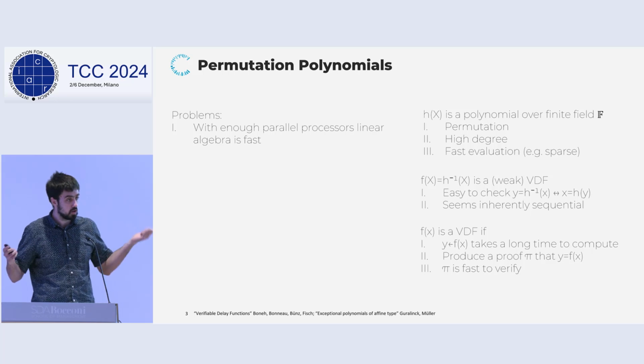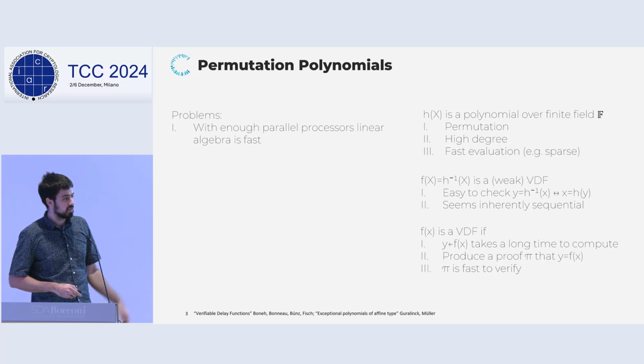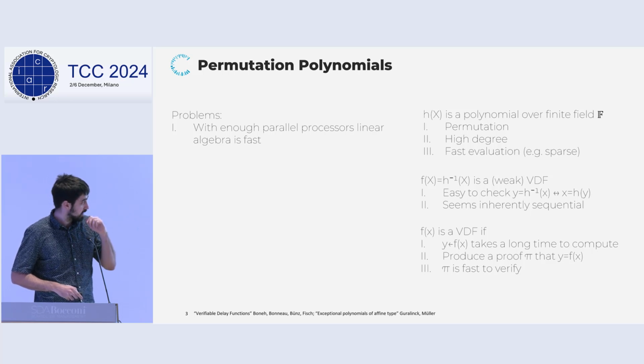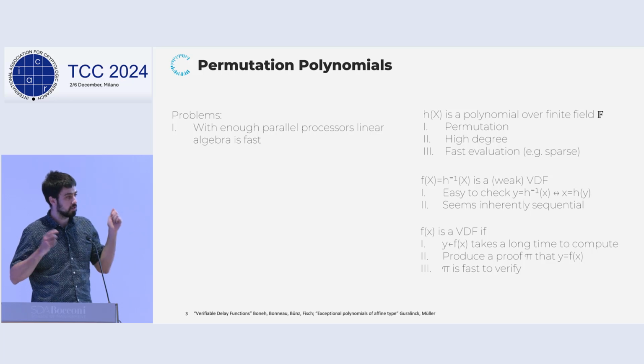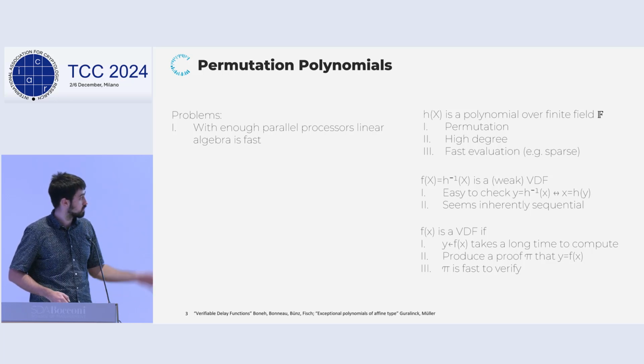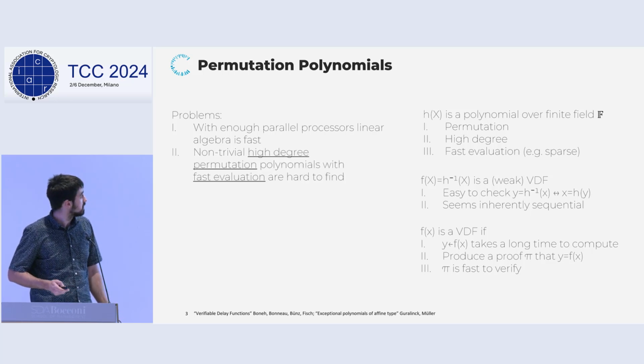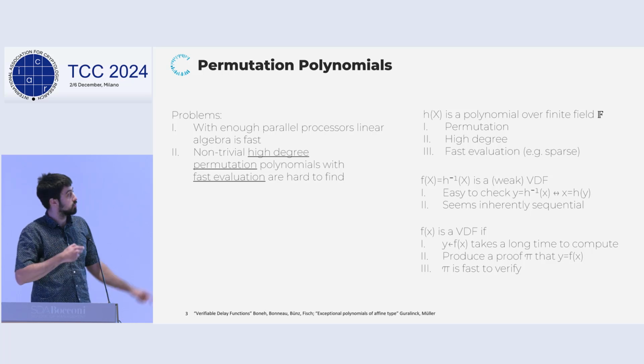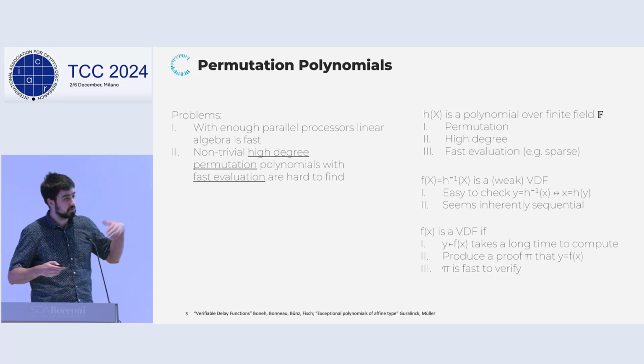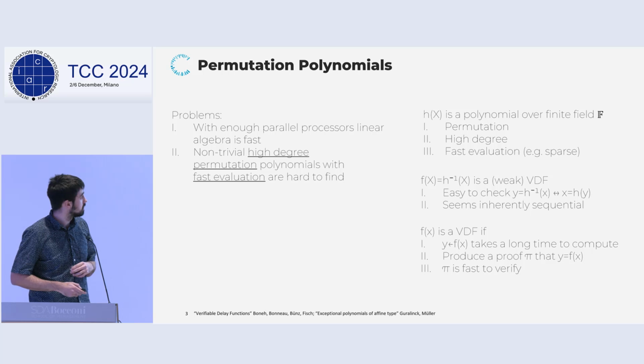First of all, if you have a lot of parallel processes, I don't really need to get into the exact numbers, then this becomes very fast, because essentially you can just do parallel linear algebra to solve these equations. So this is already not that great, but also these permutation polynomials that are fast to evaluate and have high degree are hard to find if you want them to be non-trivial.